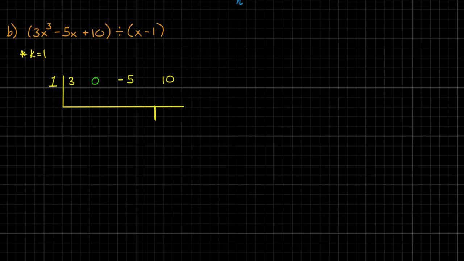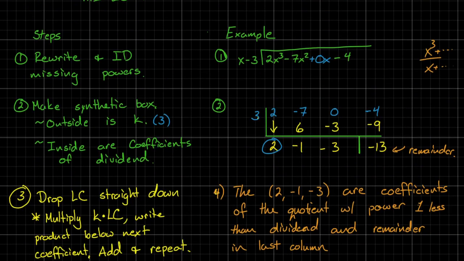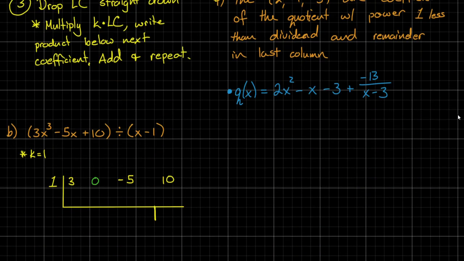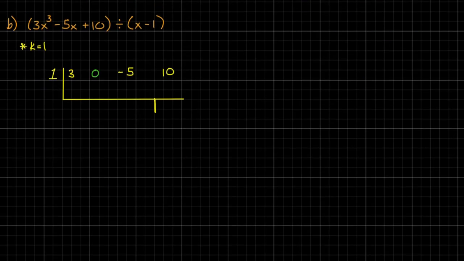If we look up, did you have all this written down? I dropped the very first thing here. It's 3. Okay. 3. Now what? 1 times 3 is 3. And what do I do with these?